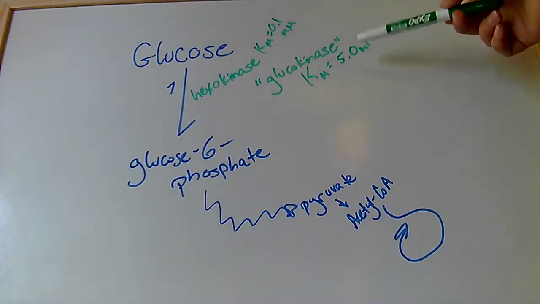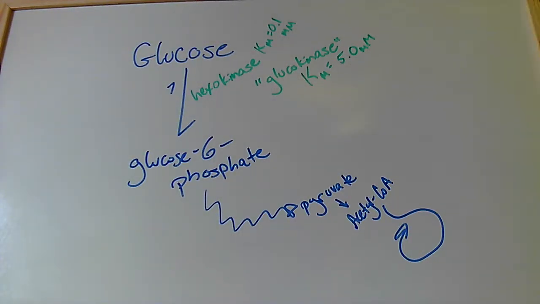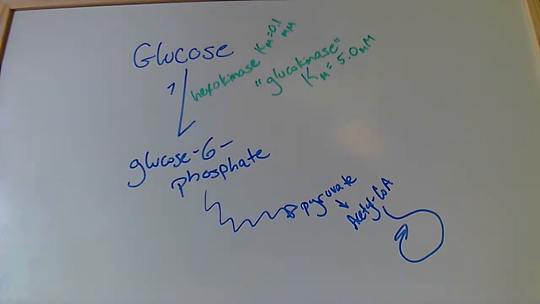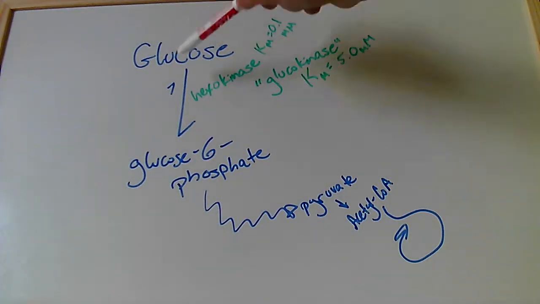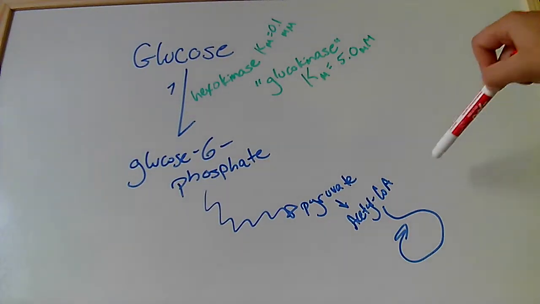The glucokinase in the liver, however, if the concentration of glucose in the bloodstream drops below 5 millimolar, let's say that we're in times of starvation and we hit 3 millimolar or 2 millimolar concentration of glucose in the blood, at that concentration this glucokinase simply isn't going to be able to bind glucose anymore, and that will slow down this entire pathway.